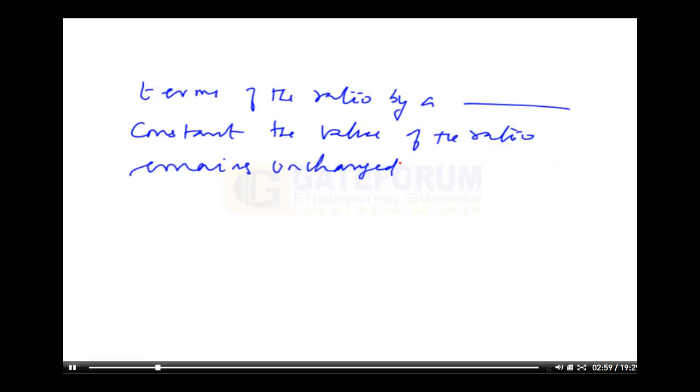Now what is the dash for? Can I multiply by any number? No. It must be a non-zero constant, because 0 by 0 form is not defined. And finally, for that matter, denominator B cannot be 0.